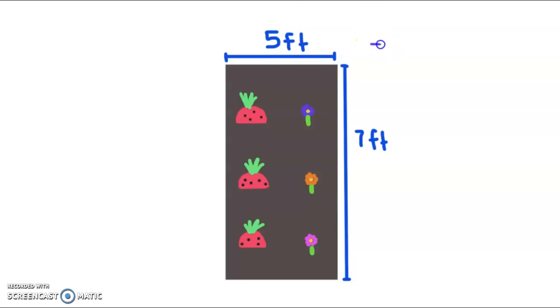So we are going to do 7 plus 5 plus 7 plus 5, which equals 24, which is 24 feet.